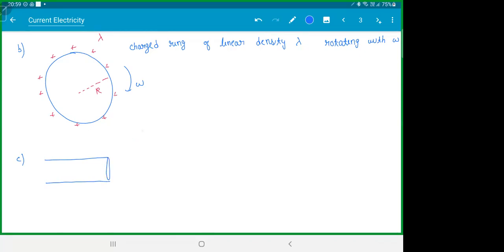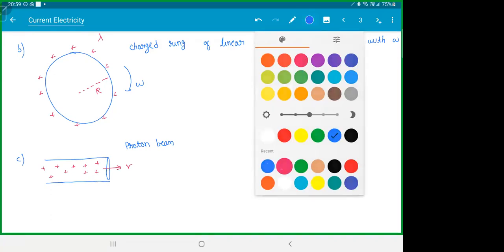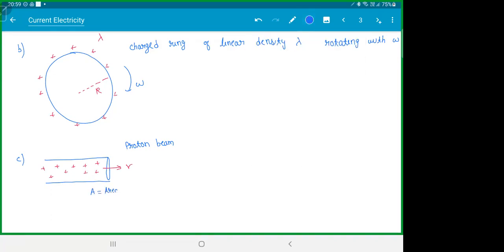This is a proton beam. Any answer? How do we approach this?